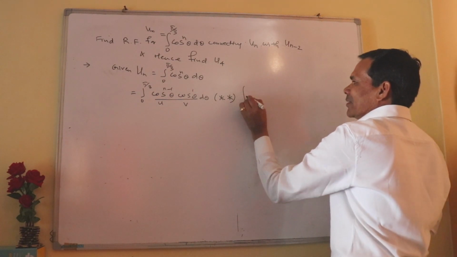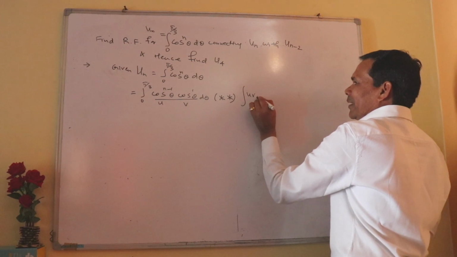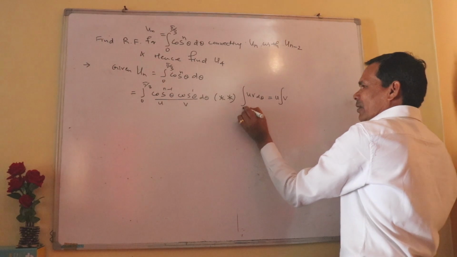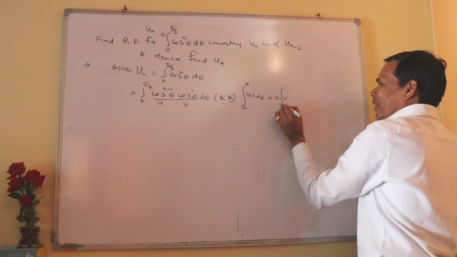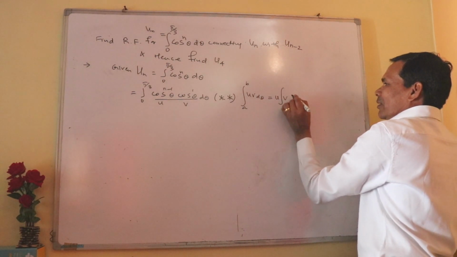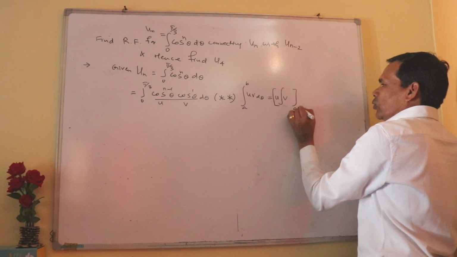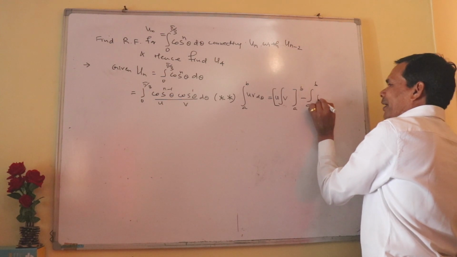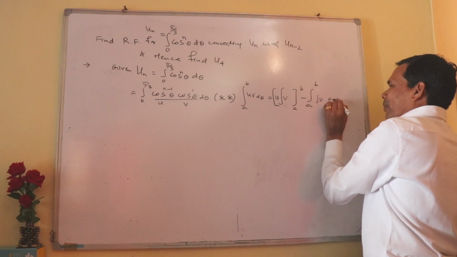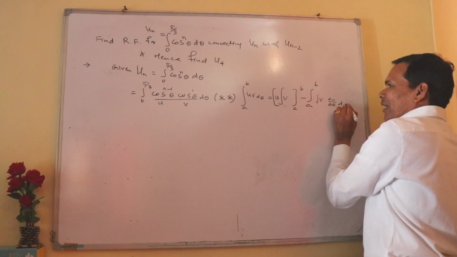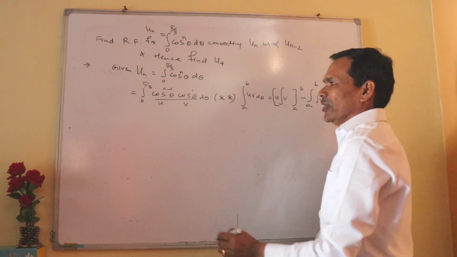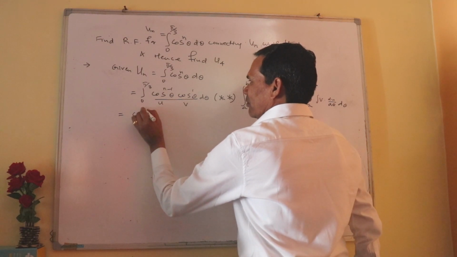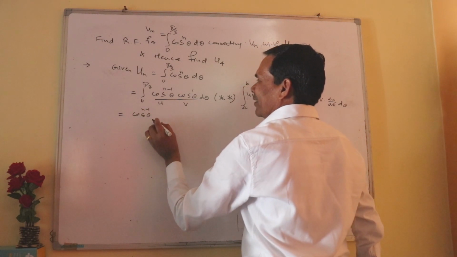You know what by parts is: the integral of u into v d theta equals u into the integration of v, with limits a to b, minus the integral from a to b of the integration of v into du by d theta. Something like this is what we apply. So I keep cos theta raised to n minus 1 as it is.